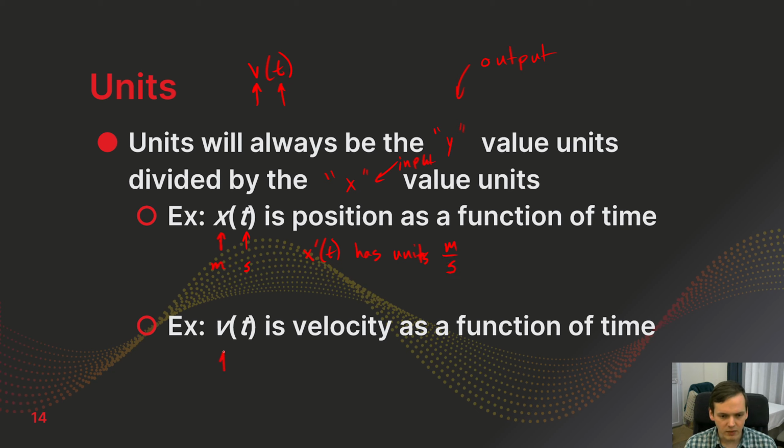V of t is the velocity as a function of time. The velocity units are meters per second. The time units are seconds. So v prime of t has units of meters per second per second, which more commonly will be presented as meters per second squared.